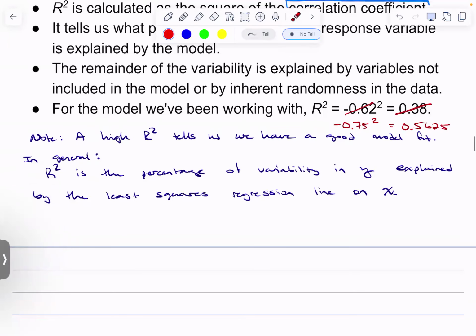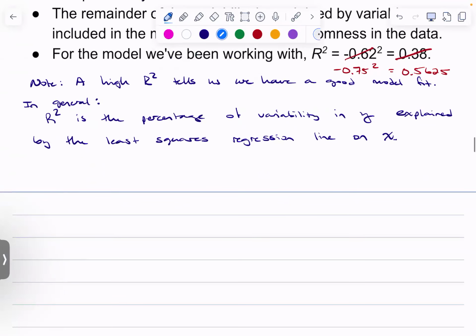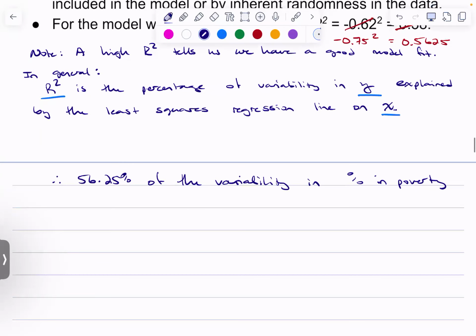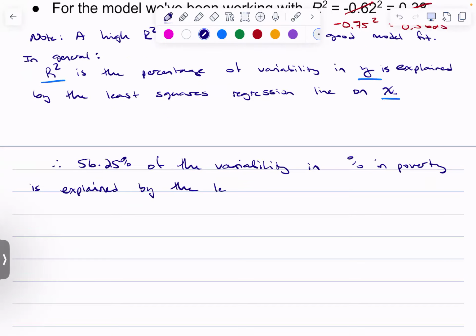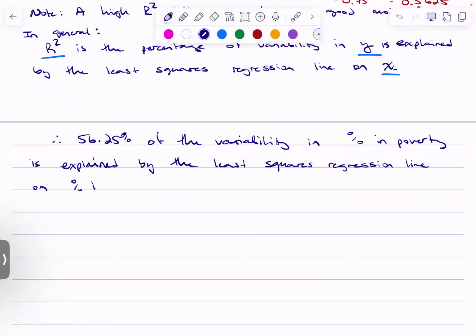And so for us, therefore, 56.25% of the variability in percentage in poverty, that's your Y, is explained by the least squares regression line on percentage of high school grads.